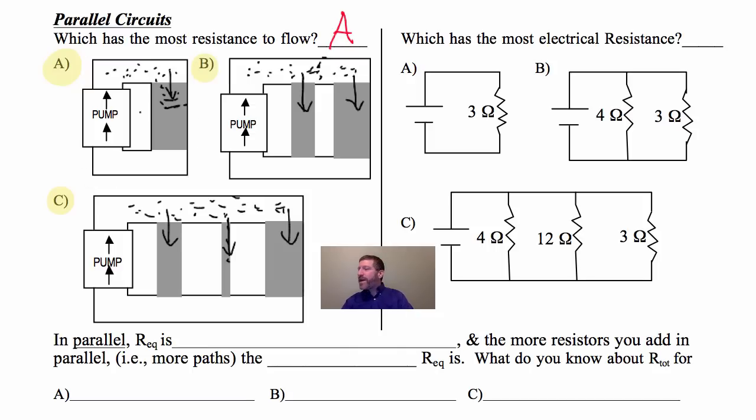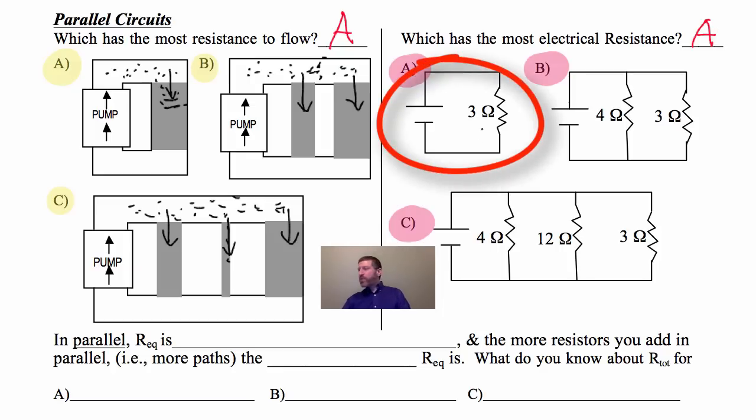Similarly, you might guess here, which of these has the most electrical resistance? A, B, or C? Well, by analogy, it's A. One thing you'll see immediately is that this one really has the fewest openings to get through, so it has the most electrical resistance.